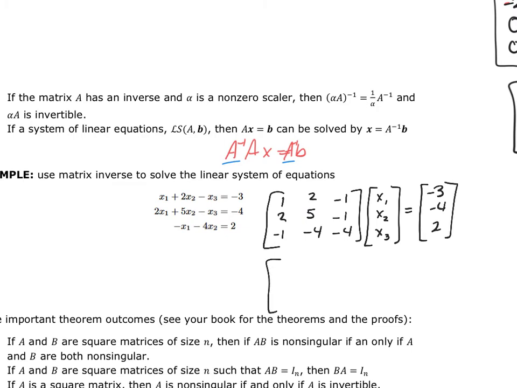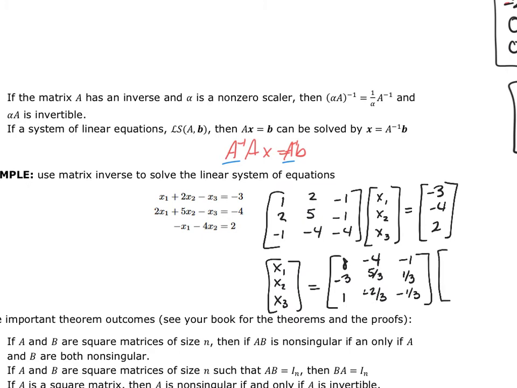Now I know that my x sub 1, x sub 2, and x sub 3 is going to be equal to the inverse of that. And I'm going to cheap and cheese it. I'm going to go ahead and do it on my calculator, and my A inverse becomes 8, -3, 1, by magic of calculator, -4, 5/3, -2/3, -1, 1/3, and -1/3, and I'm going to multiply that by the vector -3, -4, and 2.